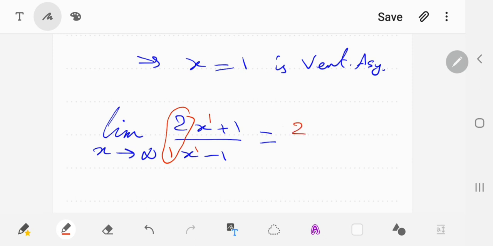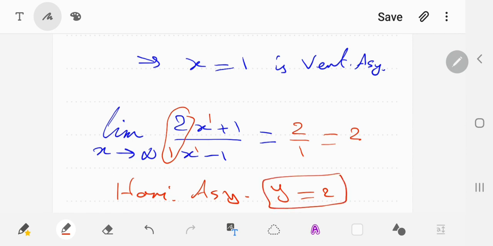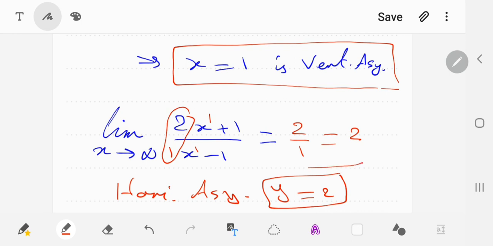So the answer will be 2 over 1, which is 2. So our horizontal asymptote in this case will be y equals 2. So such a function will have a vertical asymptote and will also have a horizontal asymptote.